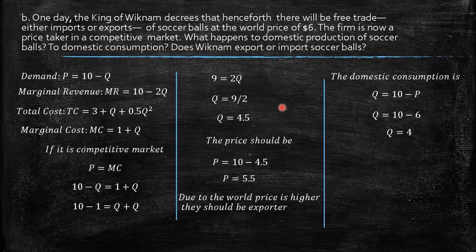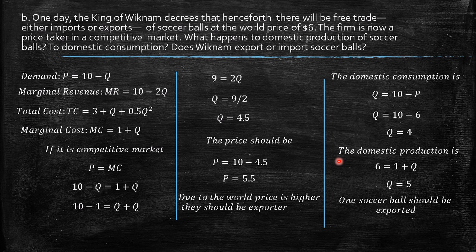Definitely this is better than the monopolist, because the quantity demanded under the monopolist was 3. And then the domestic production: you go to the marginal cost, which at the end of the day is the supply curve, and with the world price at 6, Q is equal to 5. So if you take the difference between domestic production and domestic consumption, this gap is the exportation, which is 1.